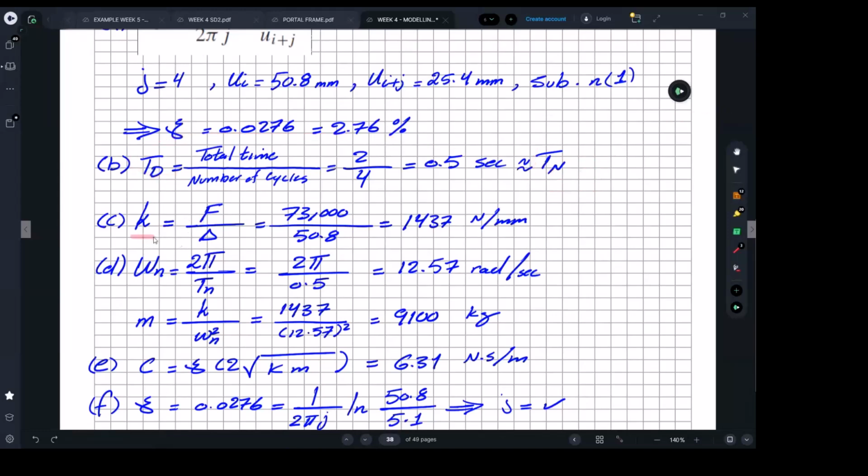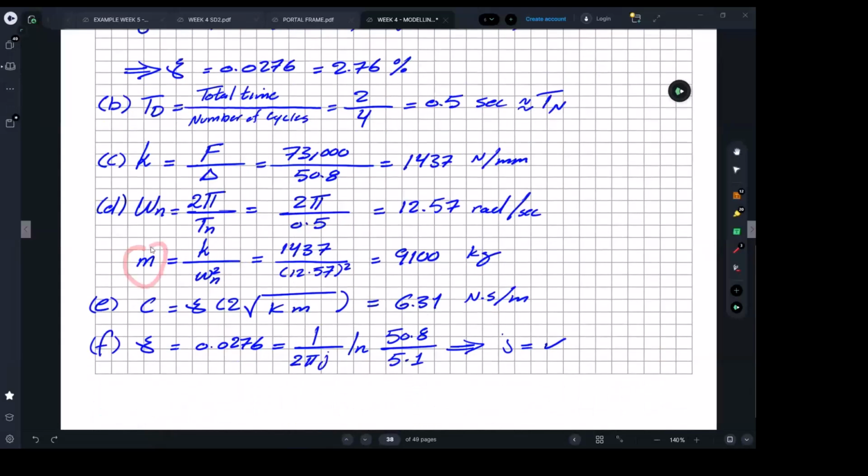For part C, they're asking you for stiffness, because here we did the static test. Stiffness comes from force over displacement. For the natural frequency, we already have the natural time period, so we can calculate it from here. The mass of the water tank, see how many things we can do now.